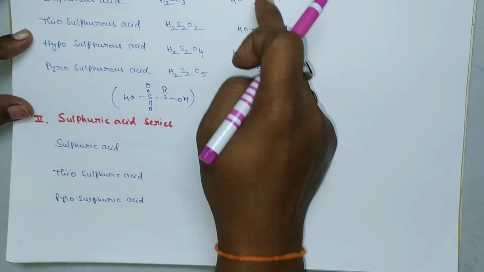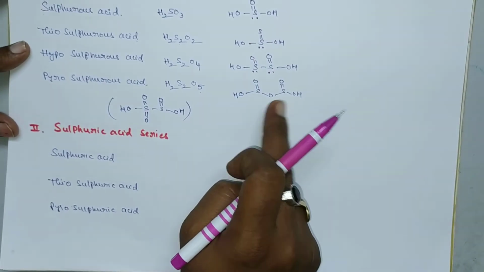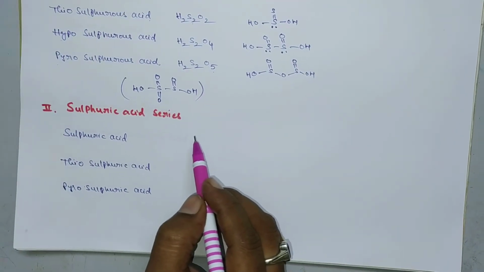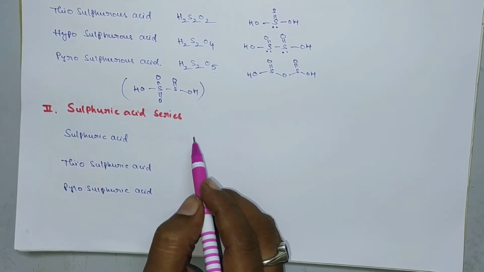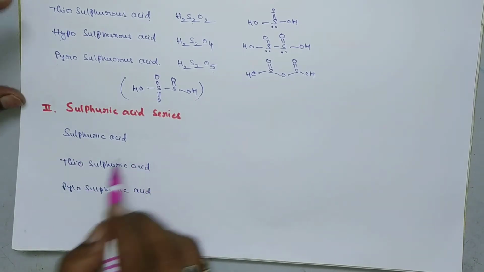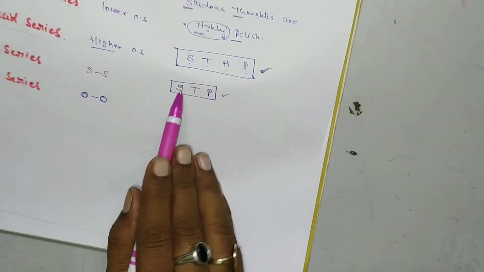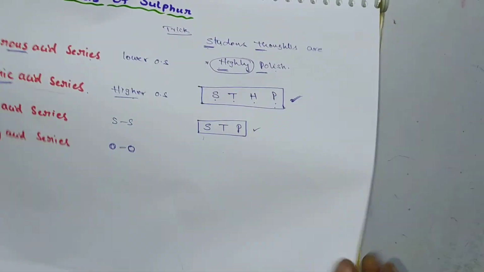You can calculate the basicity of the acid and comment on it in the comment box. Next, the sulfuric acid series consists of mainly 3 acids: sulfuric acid, thiosulfuric acid, and pyrosulfuric acid. In the previous trick we discussed only 3, that is, student thoughts are polished.